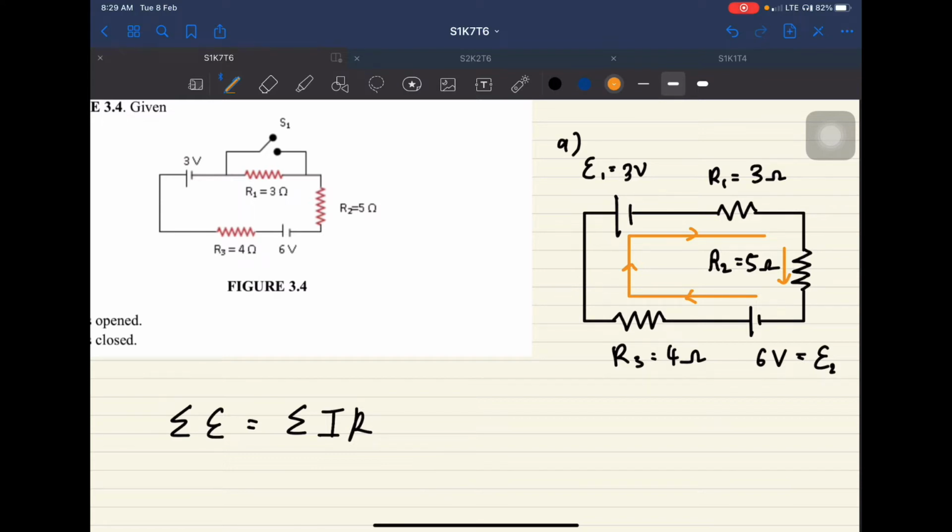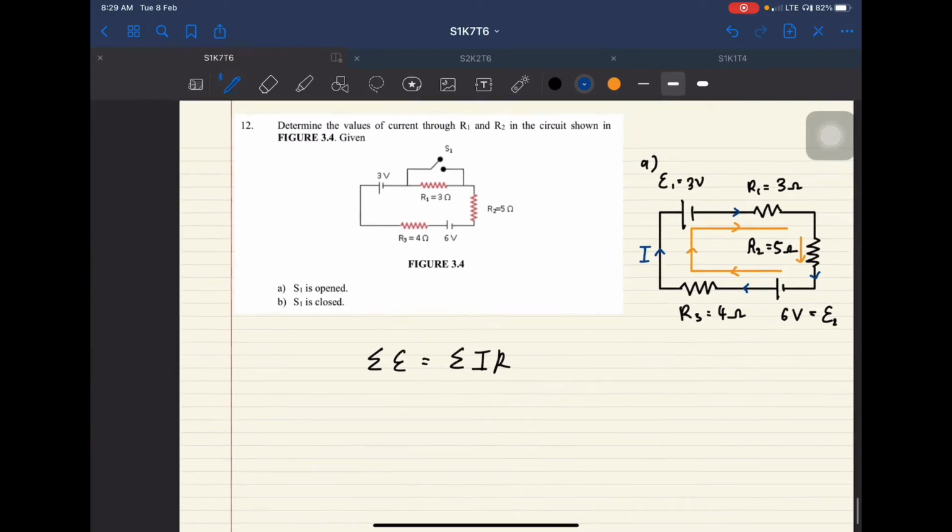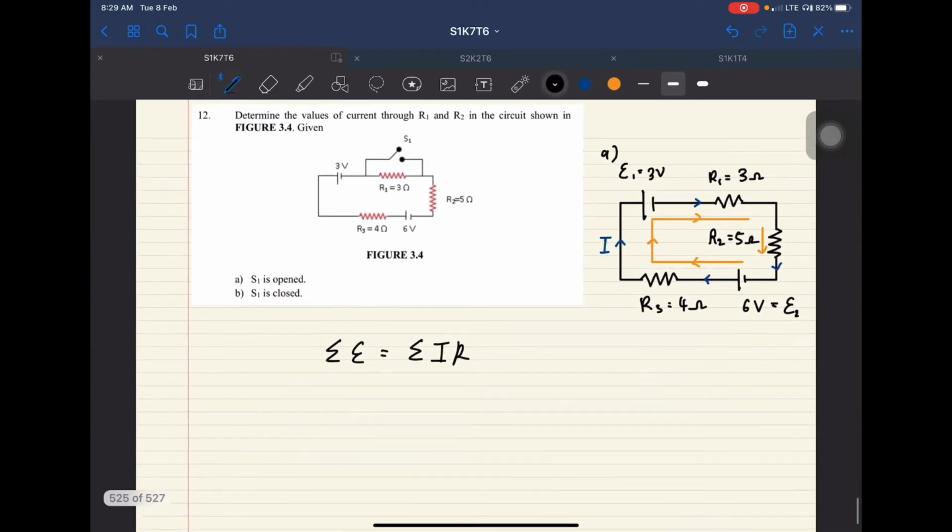If the direction of current is not given, it's best if you can follow the direction of loop as well. So logically you want to put it like that. Since there's no junction, you only have one value for I. You don't have I1, I2, I3, basically you just have I for the whole circuit. So apply the second rule.